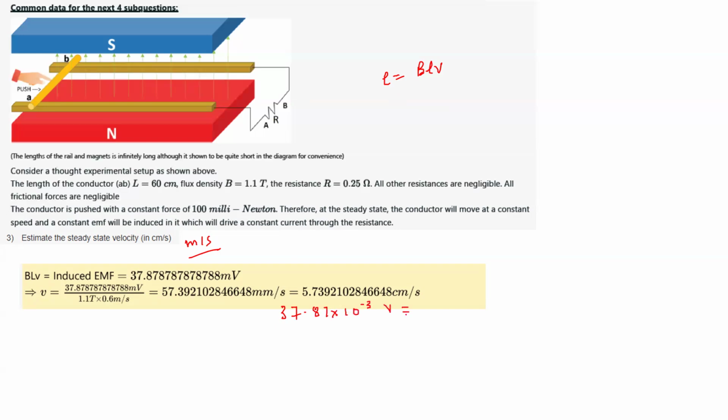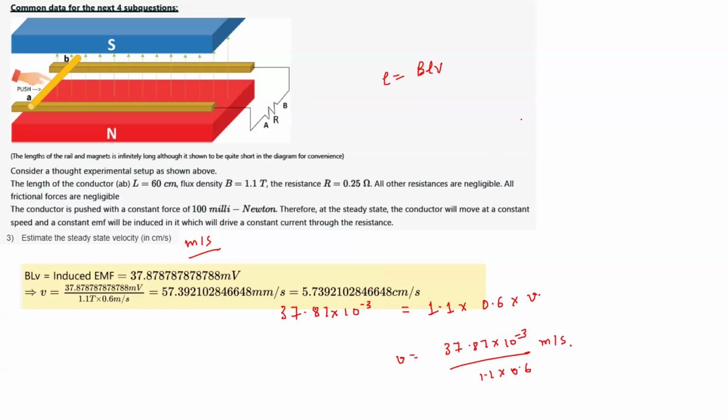This is volt. Okay, don't confuse it with velocity. I'm just erasing the units because you know the unit of voltage. So it is equal to BLV. What is B? 1.1. Length is 60 centimeter, meaning 0.6 meter, into V. So V is 37.87 into 10 power minus 3 divided by 1.1 into 0.6 meter per second.